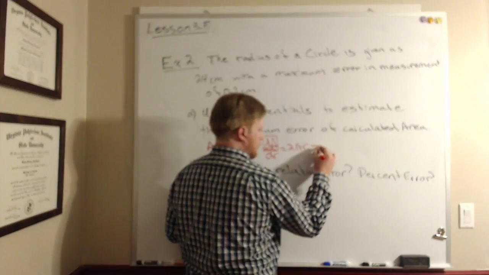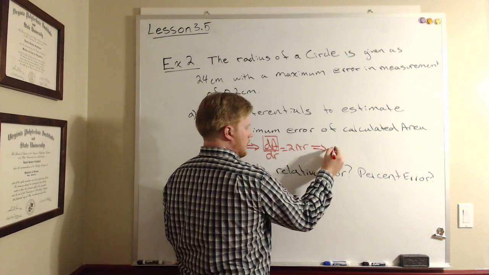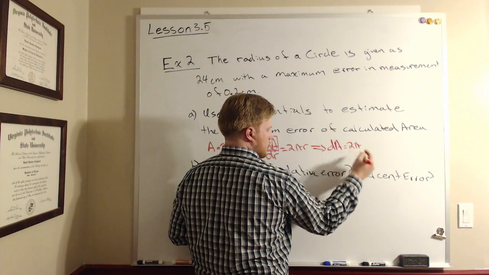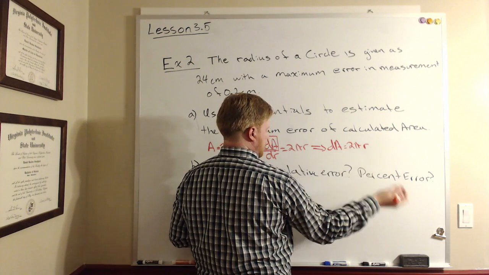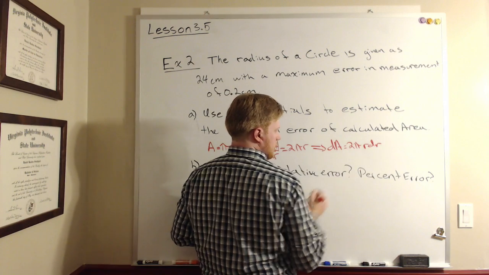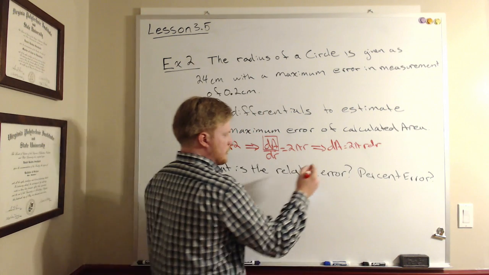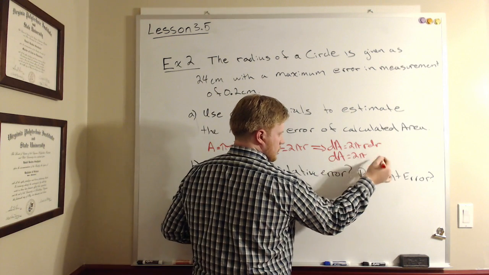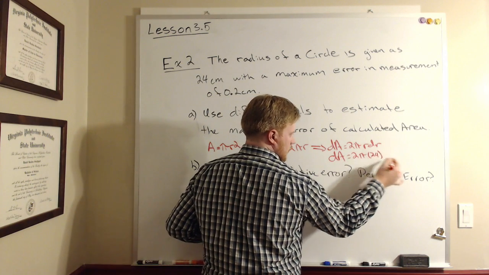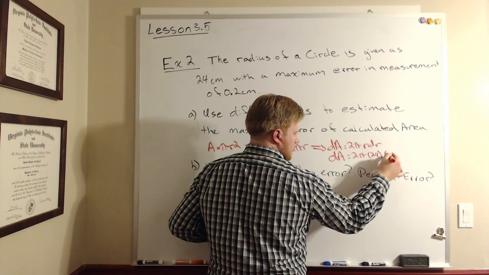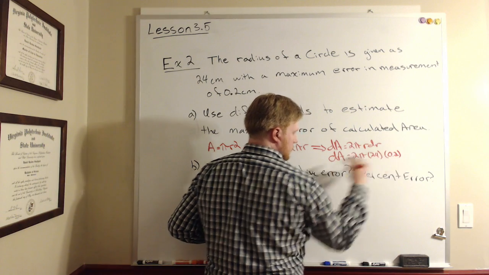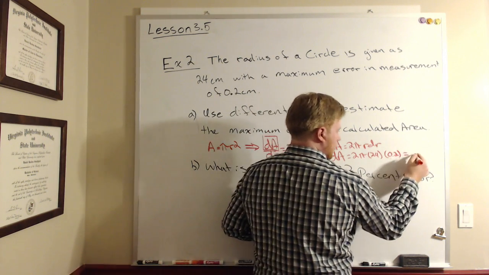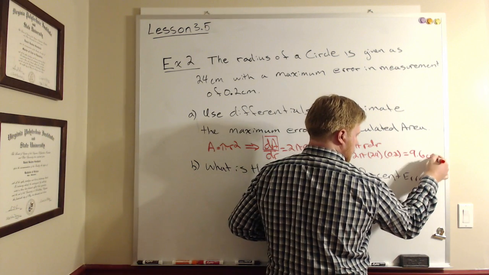So how is that going to be affected? Okay. So dA is 2 pi r dr. Okay. And so then solving for dA, by plugging in all of our values, we get 2 pi times the radius was 24, and the difference in the radius is a maximum of 0.2. So the maximum error in the area is about 9.6 pi square centimeters.